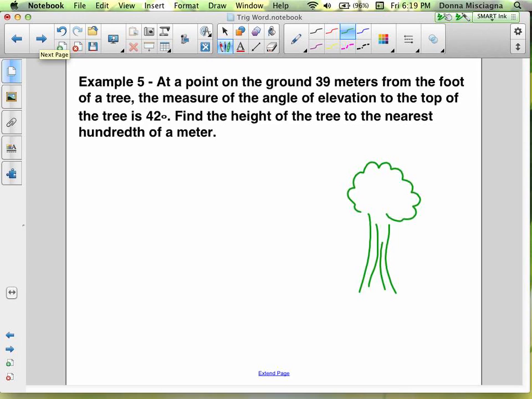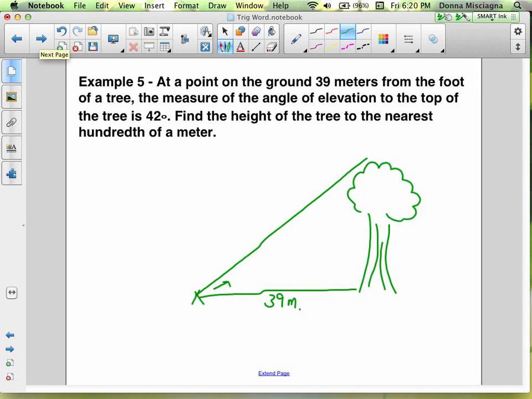All right, so, at a point on the ground, 39 meters from the foot of a tree. Sometimes it helps to read something more than once. So we're on the ground. We have this point here that's 39 meters away from the tree. The measure of the angle of elevation to the top of the tree, angle of elevation looks up.